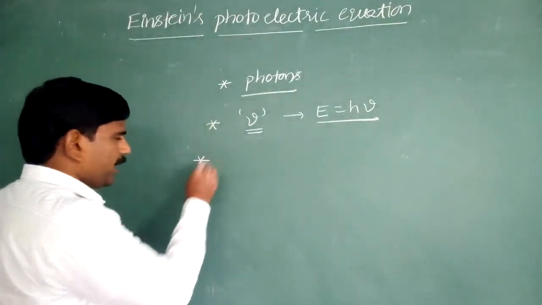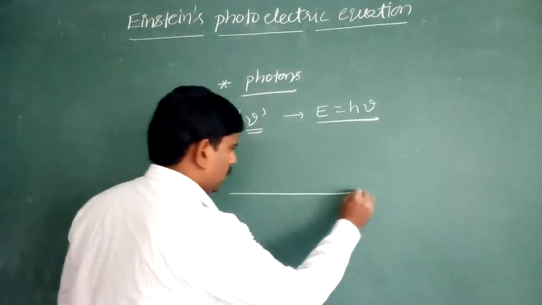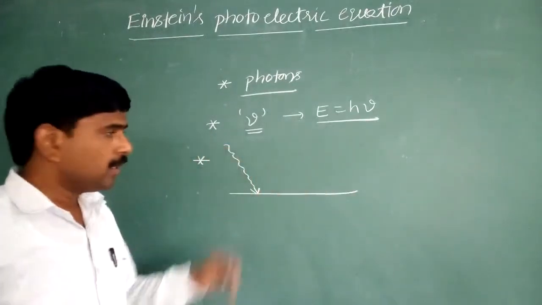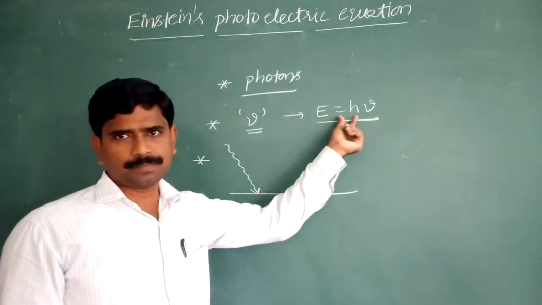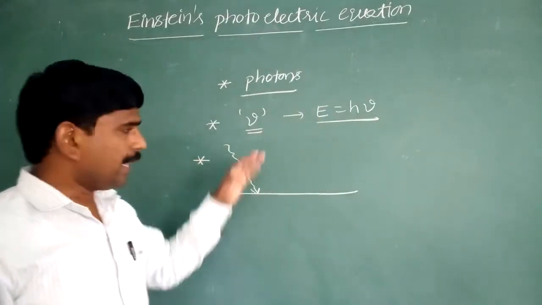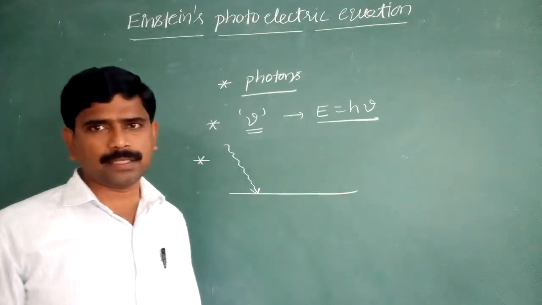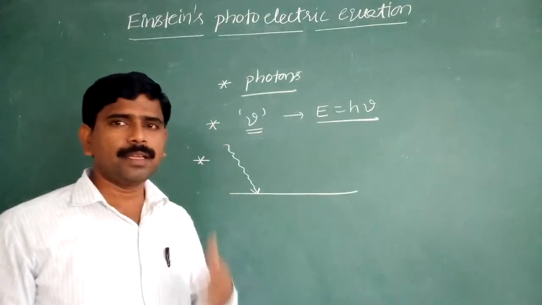According to him, if radiation is incident on the photoelectric metal, each electron absorbs one photon, comes out from the metal surface, and moves with a certain velocity, meaning it has some kinetic energy.